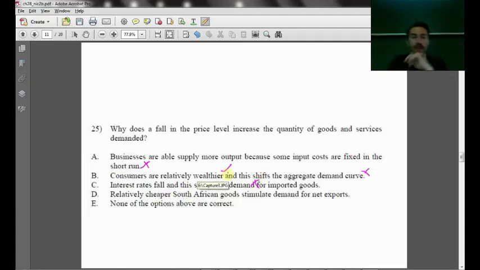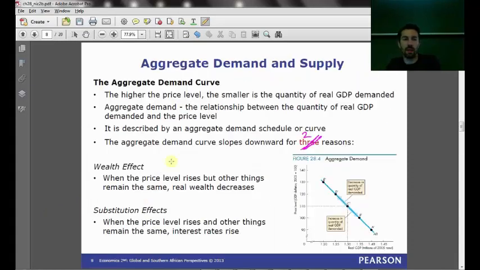Wrong way around. Option D reminds me, in fact, that when we talk here about the substitution effect, there are actually two different types of substitution effect. The one is the intertemporal substitution effect.